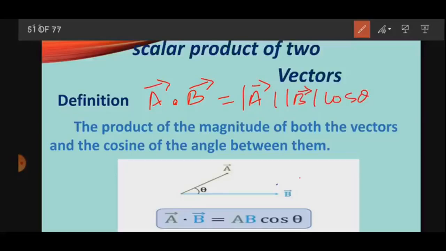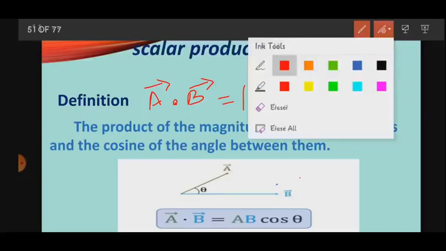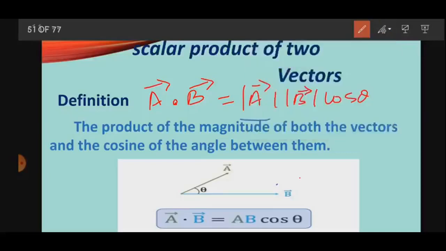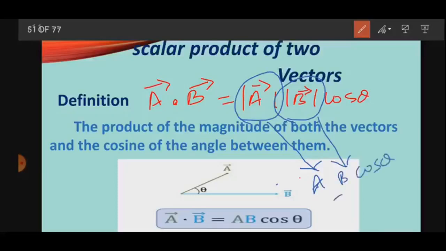Are you clear, children? Okay, now tell me, what is the modulus of a vector and modulus of b vector? It is nothing but the magnitude of a vector, we call it a, and also the modulus of b vector, this is the magnitude of b vector, we call it b, into cos theta, that is equal to a vector dot b vector. Are you clear, children?